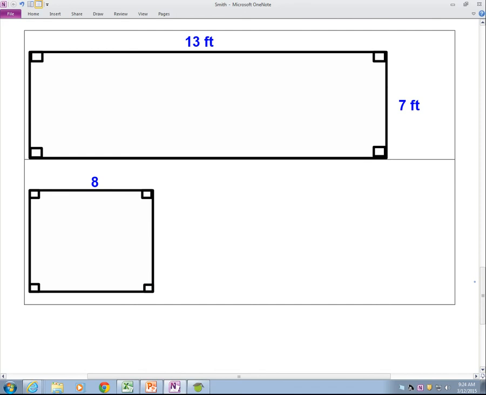Right. All right. What is the area of this figure? 91. Okay, let's see here. We got 13. What we got to do? Area equals length times width. We have area equals the length, or we'll do 7 because that looks like length, times 13. That's okay, that's the last time I use this pen.